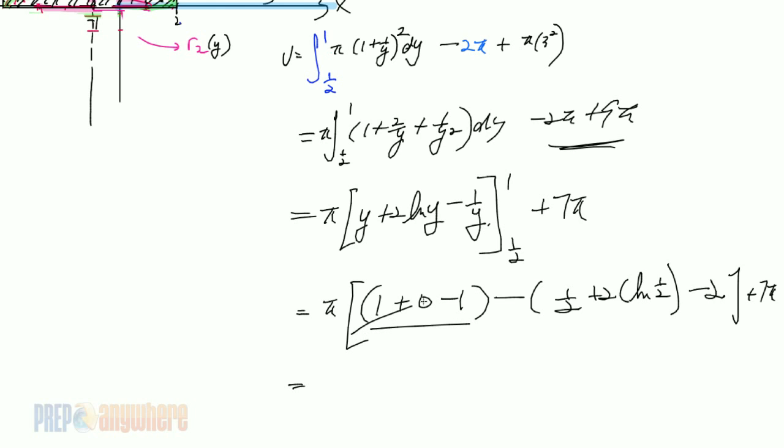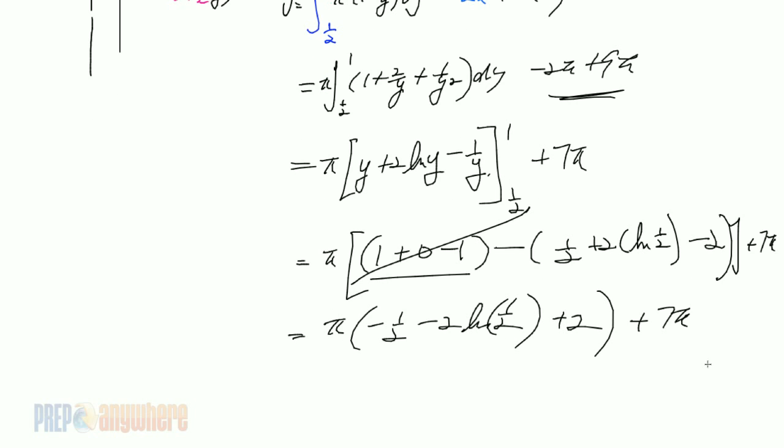So here we have a pi, a minus half, a minus 2 ln of half, and a minus 2 at the end. This minus 2 is part of this, so it actually becomes plus 2.